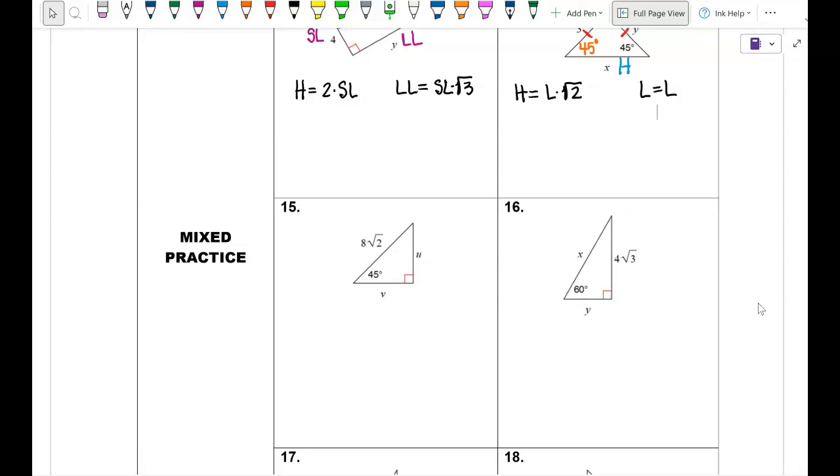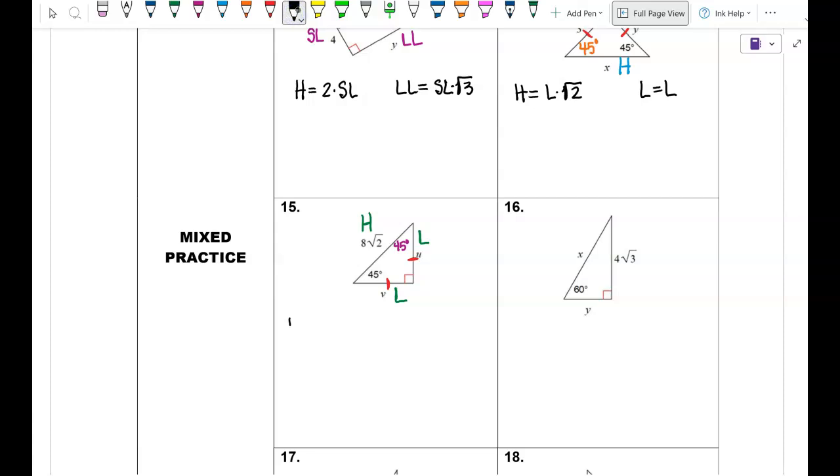Number 15, I have a 45 and a 90, which means the other angle has to be 45, which means the legs are congruent. So opposite the right angle is the 8 radical 2. That's going to represent my hypotenuse, which means the other two sides are both legs.